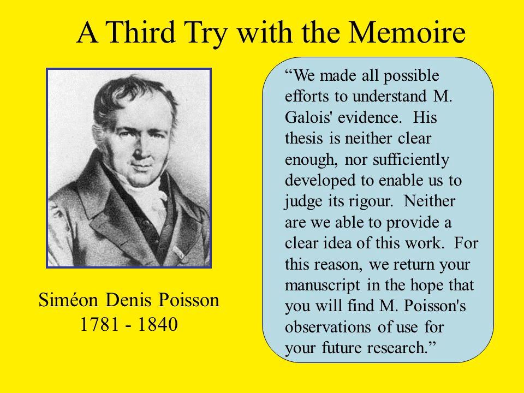His thesis is neither clear enough nor sufficiently developed to enable us to judge its rigor. Neither are we able to provide a clear idea of this work. For this reason, we return your manuscript in the hope that you will find M. Poisson's observations of use for your future research."